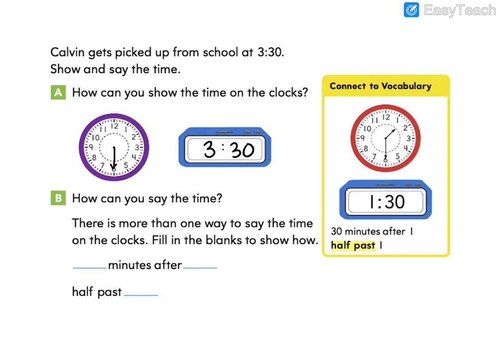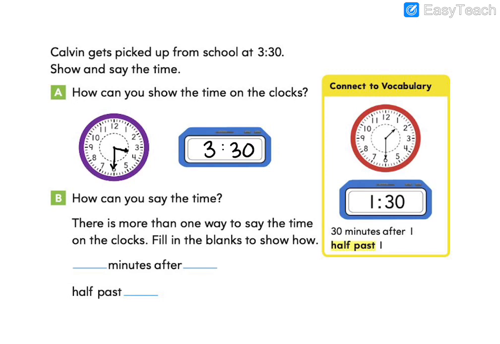So our minute hand will point at the 6. Our hour is 3. That means it's on its way to being 4 o'clock. And it's actually right halfway between. So our hour hand will point halfway between 3 and the next hour, 4.